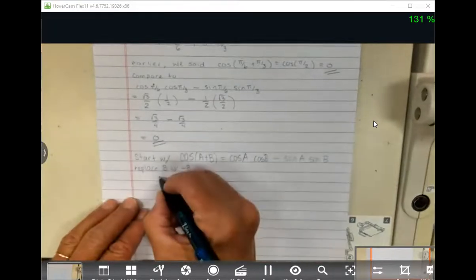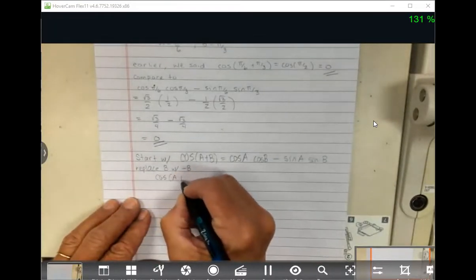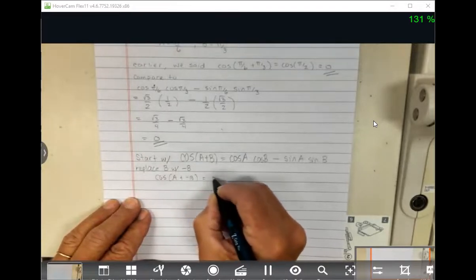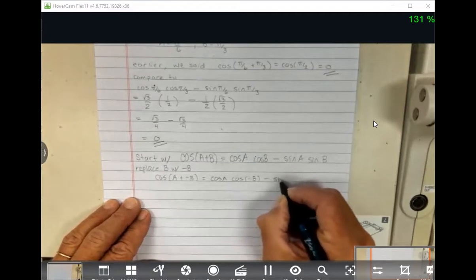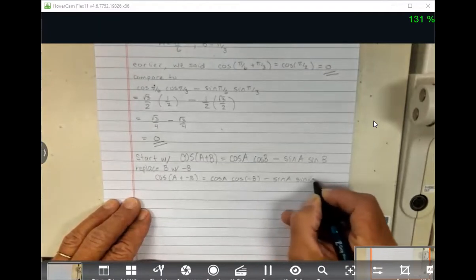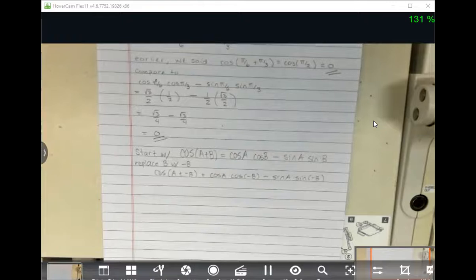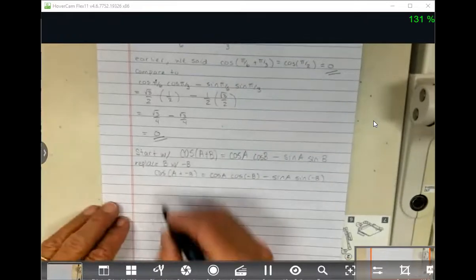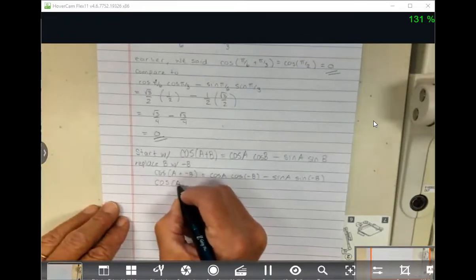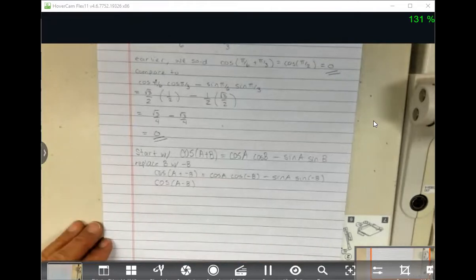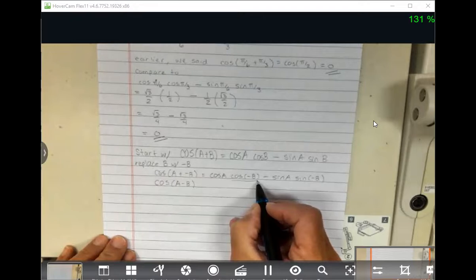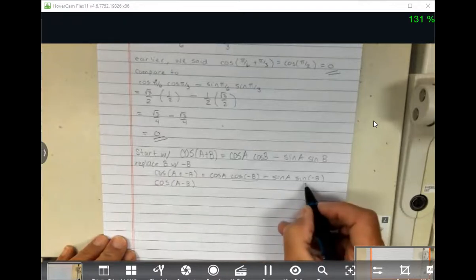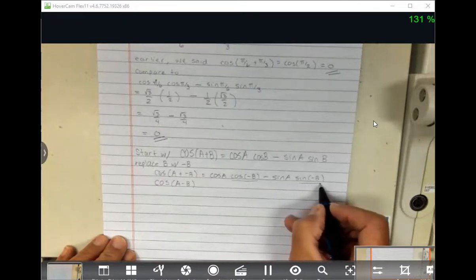Then I have the cosine of A plus minus B is cosine A, cosine of minus B, minus sine A, sine of minus B. I'm going to rewrite that as the cosine of A minus B. And remember that cosine is even. Cosine of minus B is the same as the cosine of B. Sine is odd, so sine of minus B is minus sine of B.